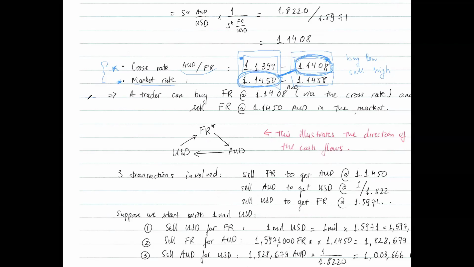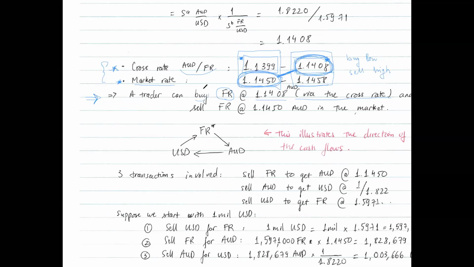So as a result, for me as a trader, as an arbitrager, my strategy is to buy the franc at 1.1408 Australian dollars via the cross rate. What do I mean by that? That means I'm going to be buying the franc in exchange for the Australian dollars indirectly through the first two banks, okay?